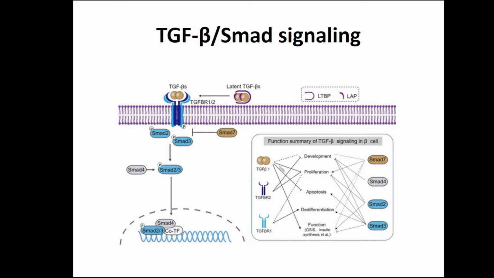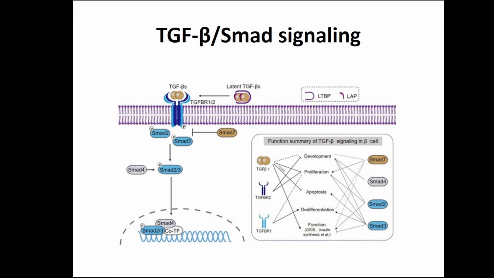And on the next slide, you can see different polymorphisms of proteins, polymorphisms of receptor TGF-beta. There is TGF-B receptor second type and TGF-B receptor first type.